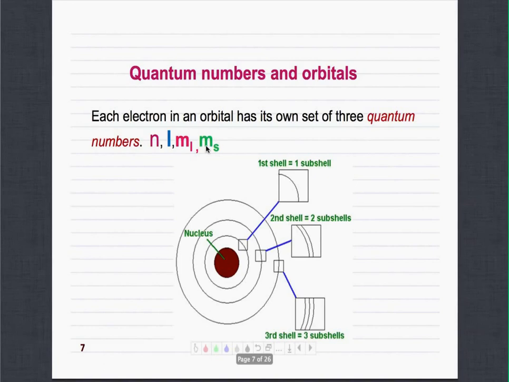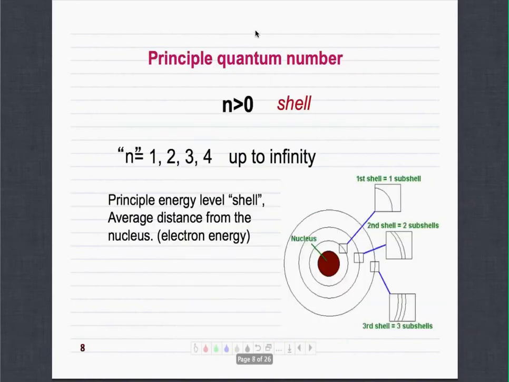Okay? So we're going to start with the first quantum number, which is n, the principal quantum number. So from now on, when I ask you what the principal quantum number is, you have to know directly that it is n. n is any integer greater than 0, so it can be 1, 2, 3, 4, 5, 6, etc. And n tells us how close the electron is to the nucleus, and it tells us the energy.